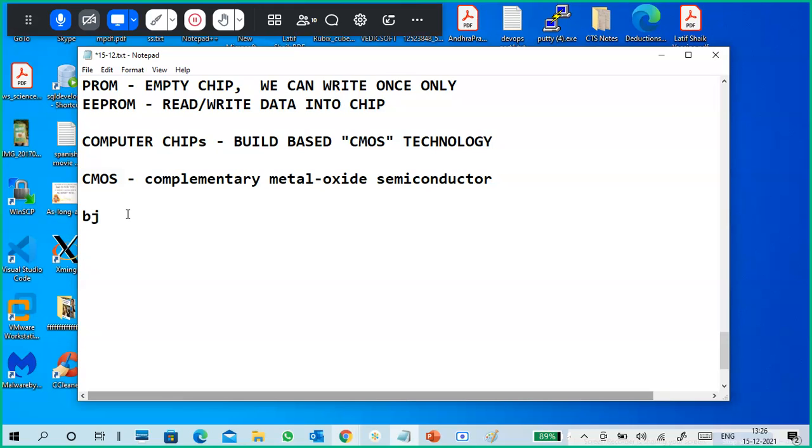Earlier we had BJTs, UJTs. Still we have normal transistors. These transistors are very low in switching speed, not much powerful. So then they built FETs, field effect transistors, which are powerful but slow.